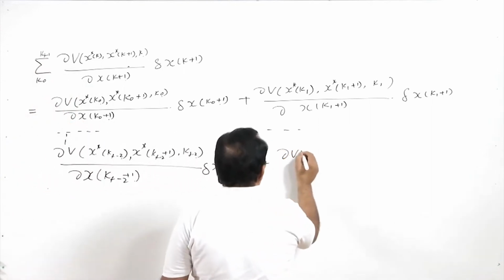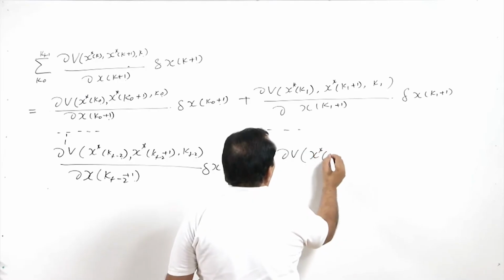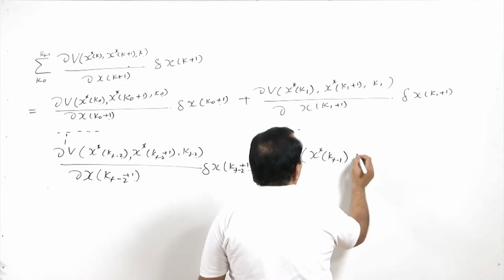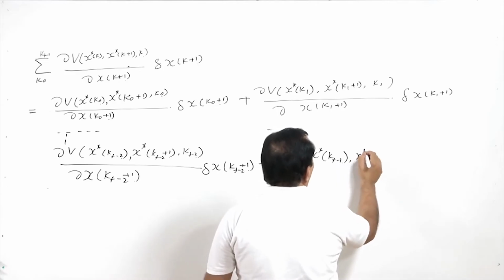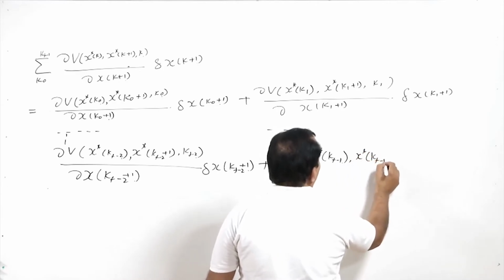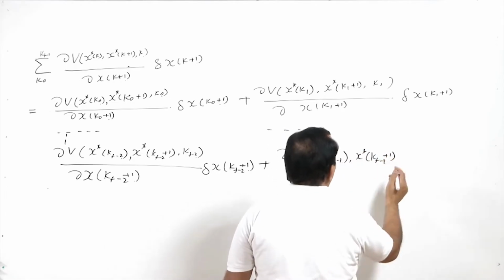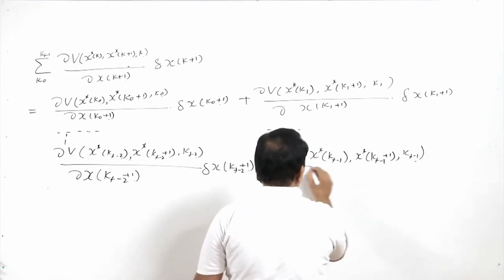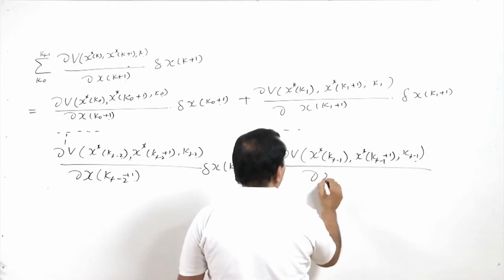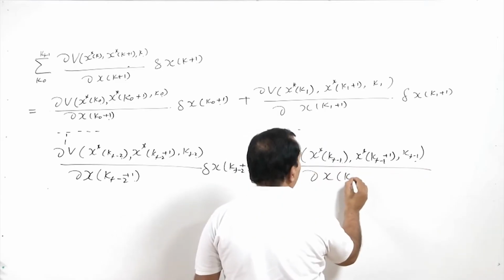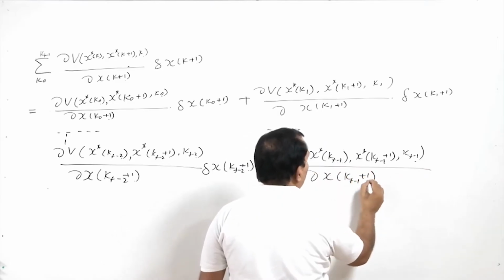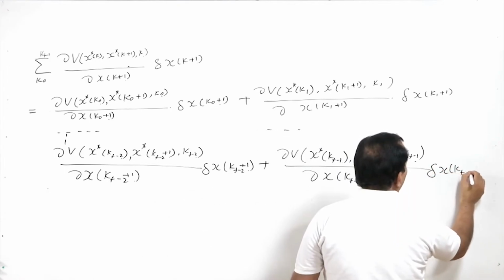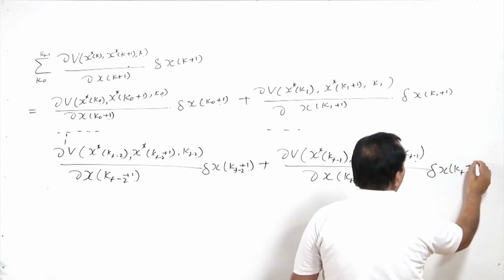And what is the last term, with kf minus 1? That is del v at kf minus 1, x star at kf minus 1 plus 1, kf minus 1, del x of kf minus 1 plus 1, delta x of kf minus 1 plus 1.